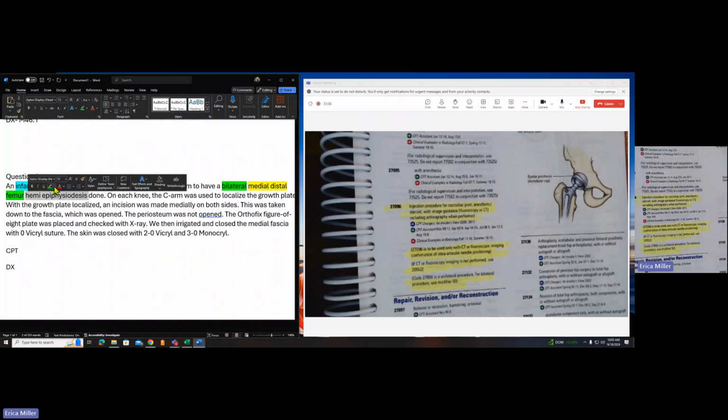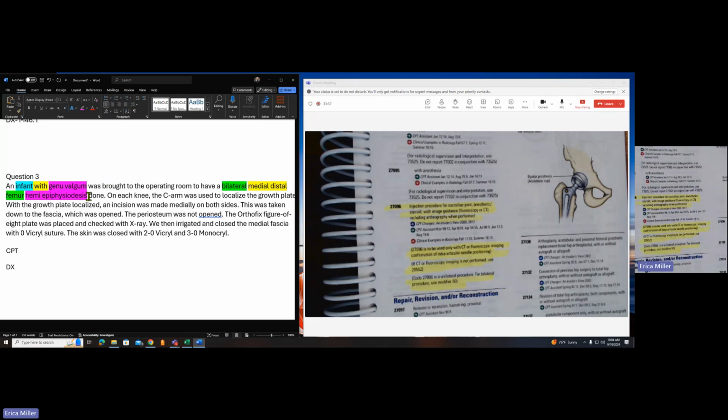I'm going to put pink for my procedure. So a lot of this is detail: bilateral, medial, distal. Now, femur is important, but hemiepiphysiodesis is the procedure. And those bilateral, medial, distal, and the location are add-on keywords or supplemental words that are going to help guide us to the exact type of service to code.